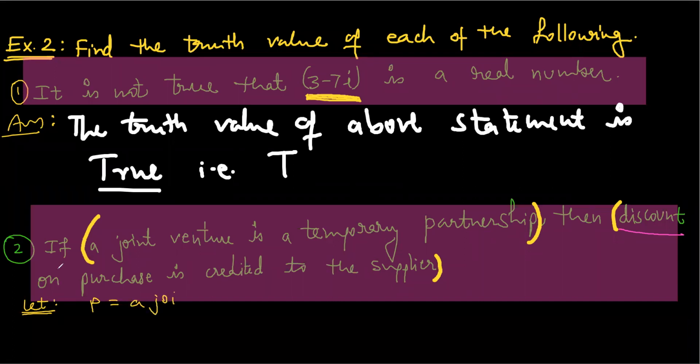I'm writing this one, after if and before then. So what is P? P is a joint venture is a temporary partnership. After if, whatever I have, this is my P. After then, whatever I have, that is my Q.